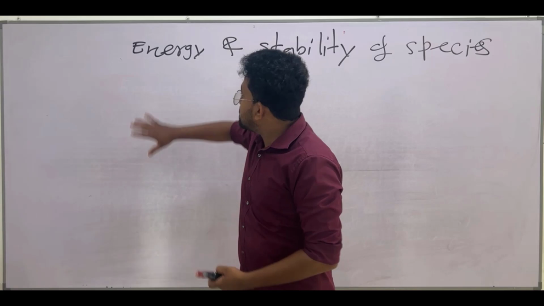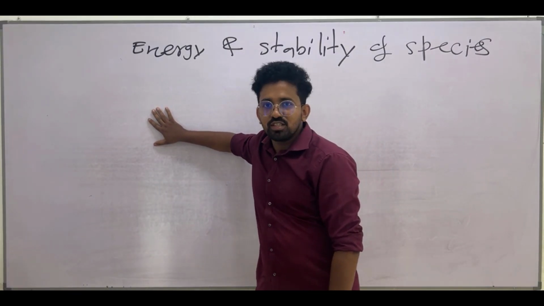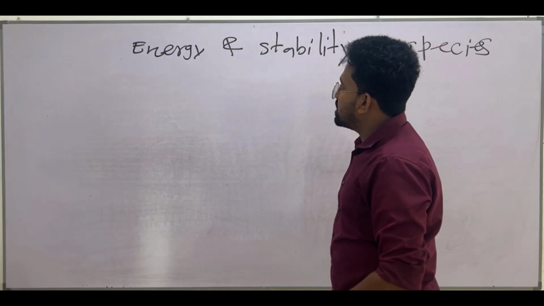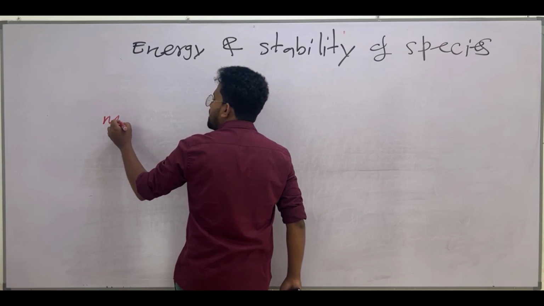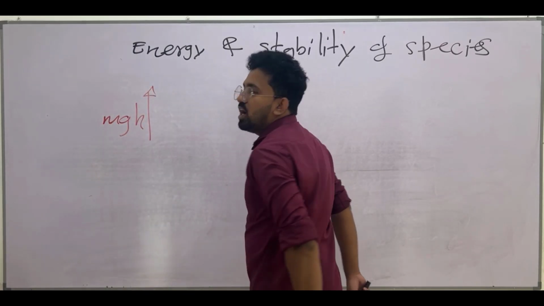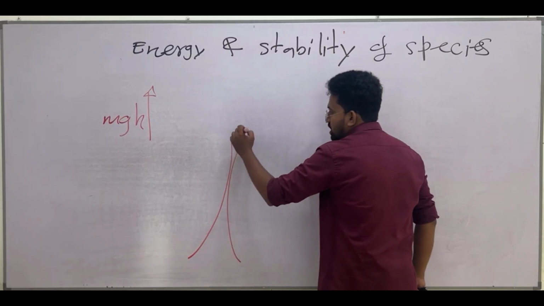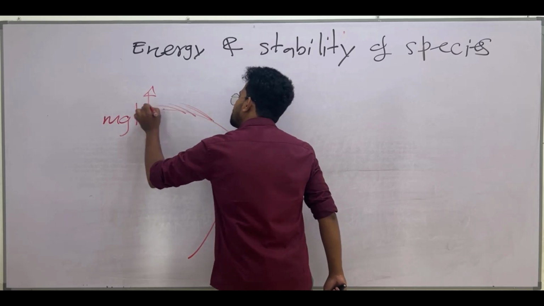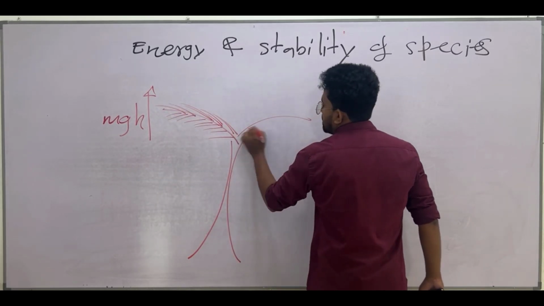This is something I taught you at the beginning of your class. Energy and stability. If we go back to O level, what we learned is that when height increases, our stability will decrease. If we consider a tree, what happens when we climb that tree?